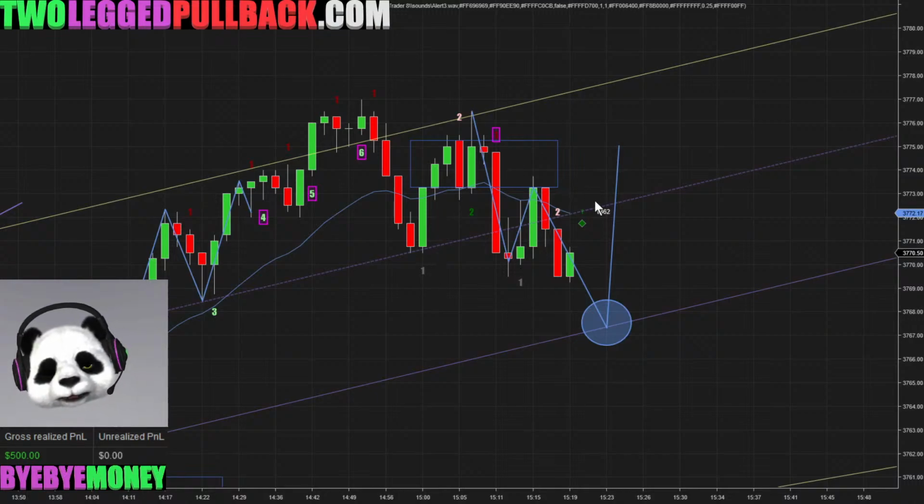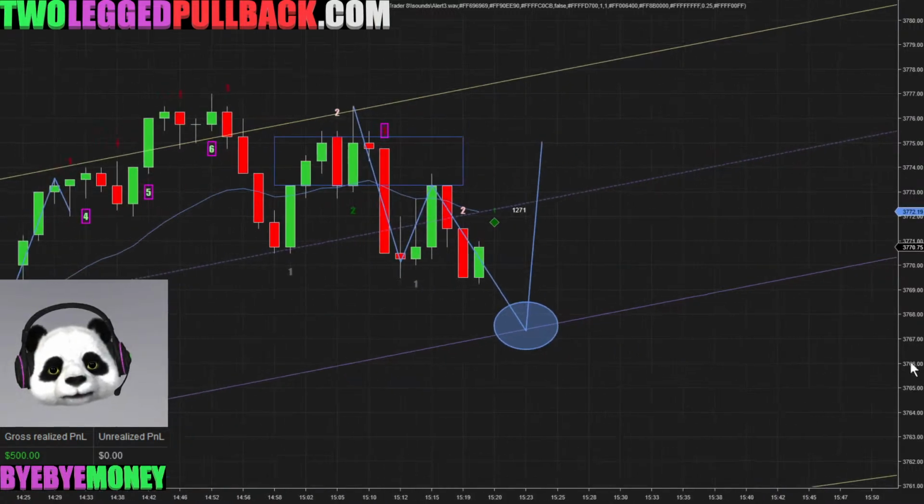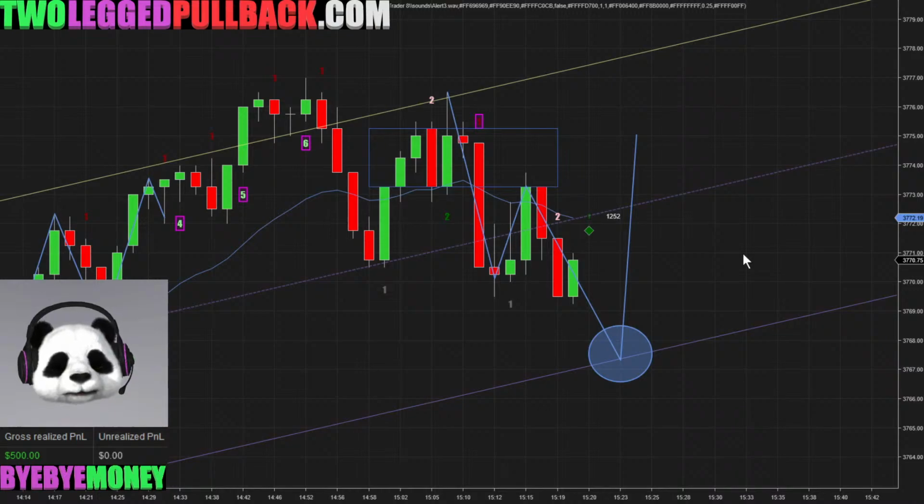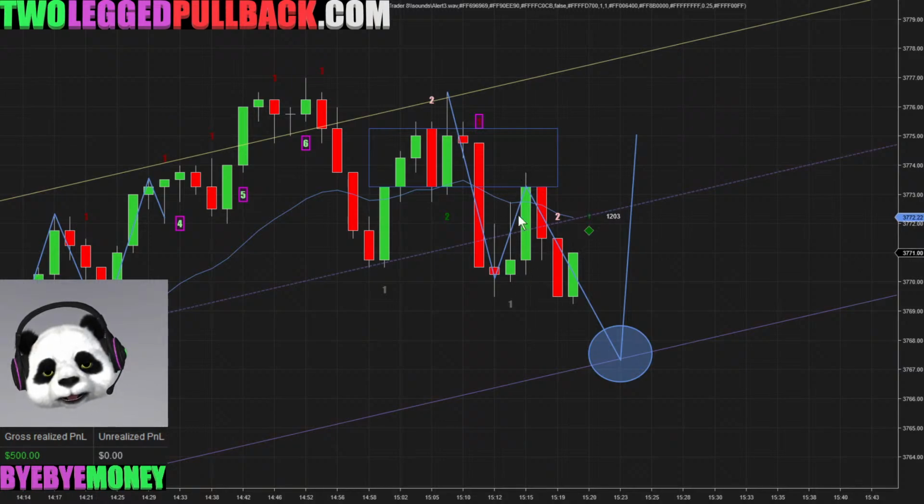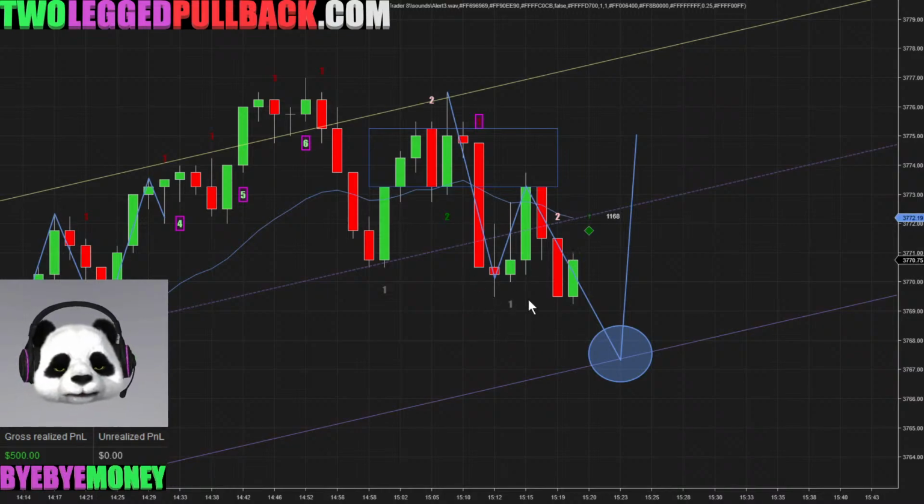Typically, it's like the pivot low or the signal bar low. Depends on what you want to trade. Some people trade the candle. They consider the signal bar candle to be the candle right before breaking below. Some people consider you have to use the pivot low, and so I like to use the prior candle.